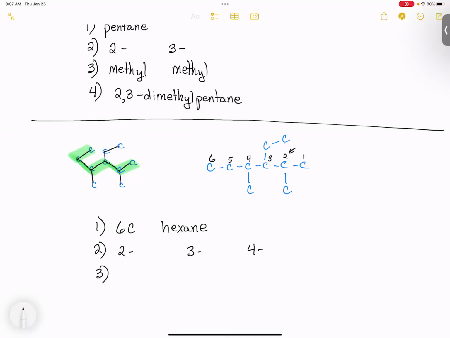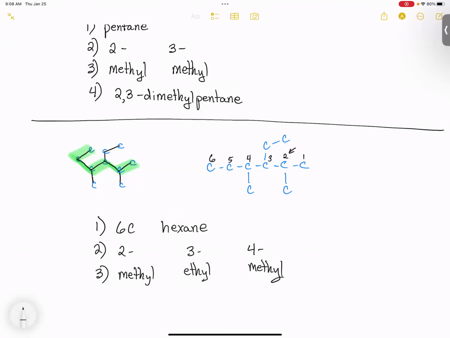Step number 3 is to identify those substituents. On 2, it was a methyl group. On 3, it was an ethyl group. On 4, it was a methyl group. Now we have to combine it all.